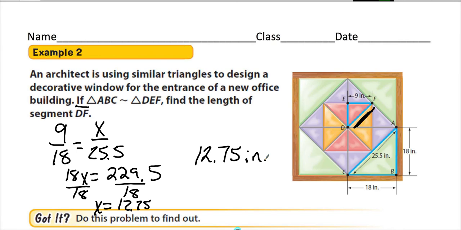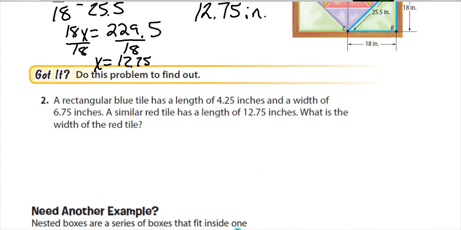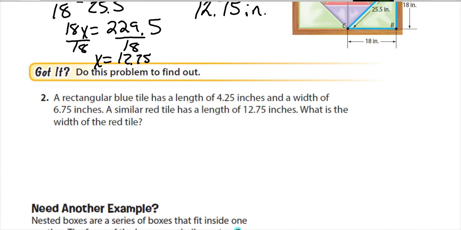Okay, all right, let's take a look at number 2 on the got it question. Go ahead and pause it and try that one by yourself. It says a rectangular blue tile has a length of 4.25 inches and a width of 6.75 inches. A similar red tile has a length of 12.75 inches.